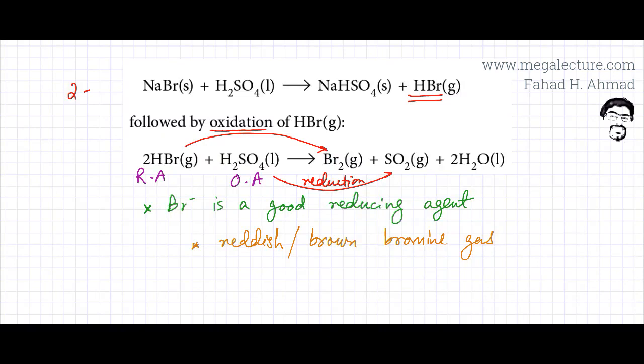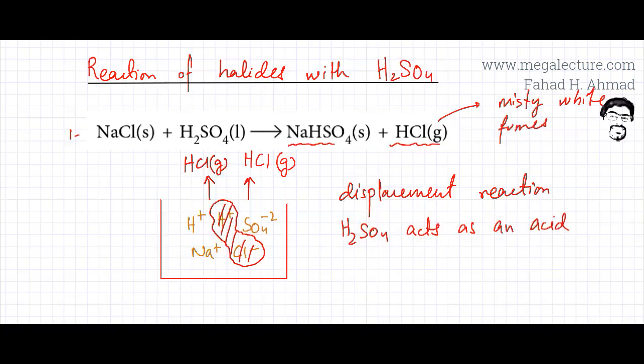Same was pretty much true for HBr as well. The reaction of NaBr with H2SO4 did not result in the formation of HBr because most of the HBr got oxidized to bromine. It was only in the first reaction, NaCl with H2SO4, that you were getting hydrogen halide. HCl was being formed, because in all the other reactions it eventually got oxidized into other products.